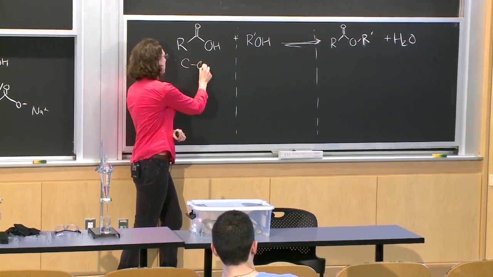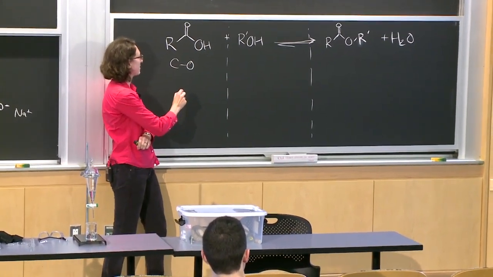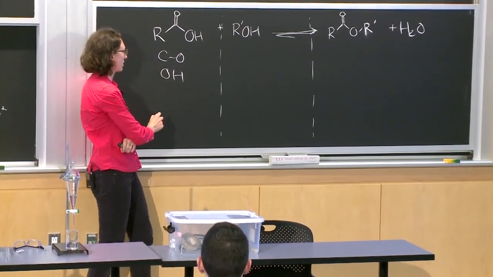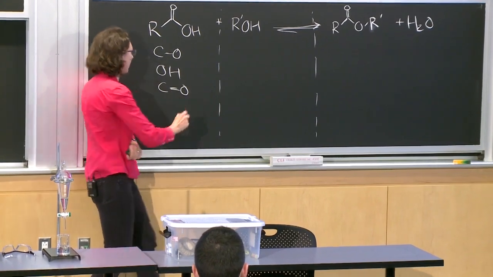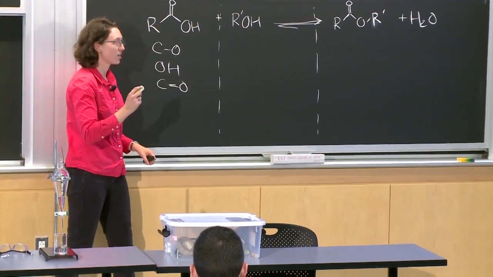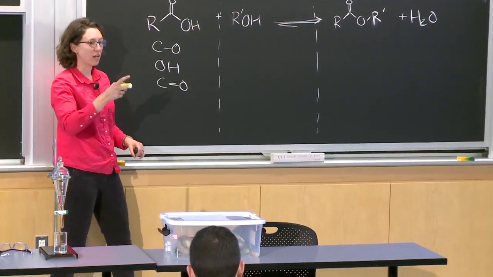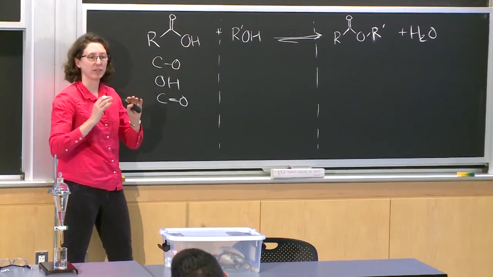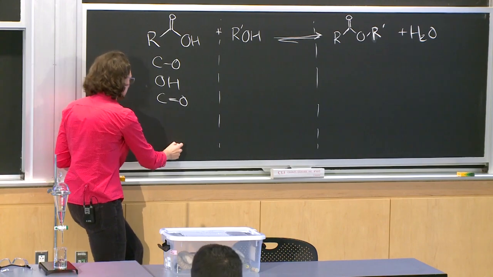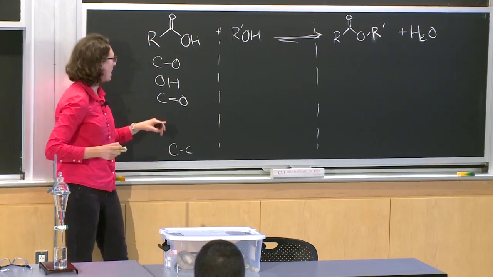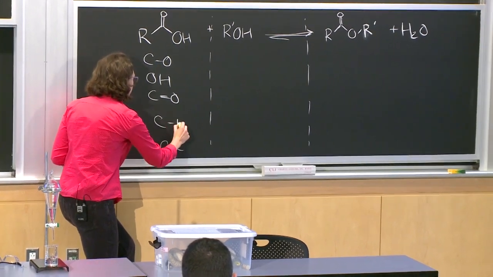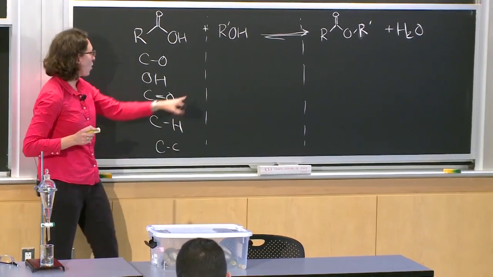We have a CO stretch, an OH, C double bond O, and you might see the CC, you may not. Those ones are kind of hard to see because they don't change dipole very much when that bond vibrates. So sometimes maybe a CC bond. And what else? What's in this R group? Yeah, CH stretches. What about our alcohol group?